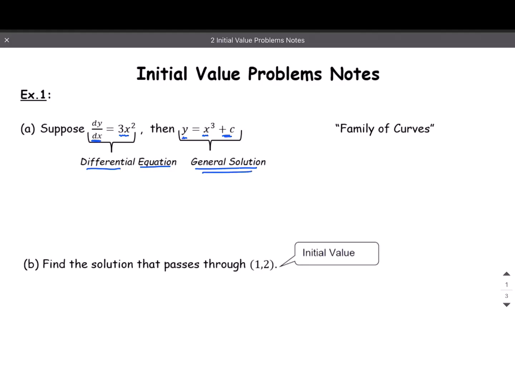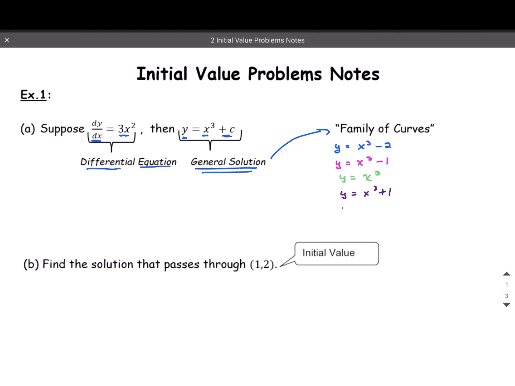Now, our general solution is really a family of curves because we have y equals x cubed minus 2. We have y equals x cubed minus 1. We have y equals x cubed. We have y equals x cubed plus 1.